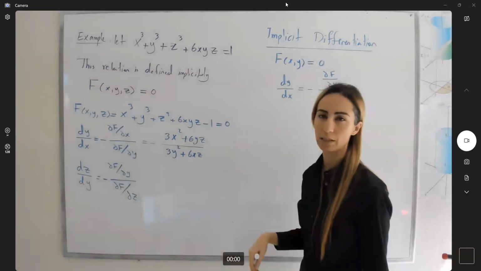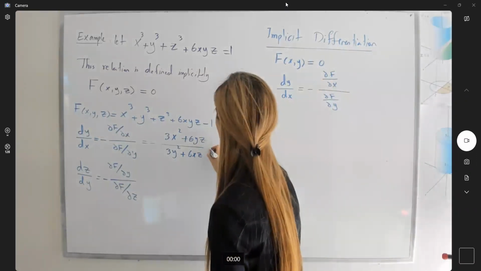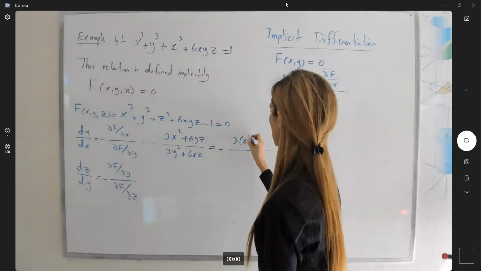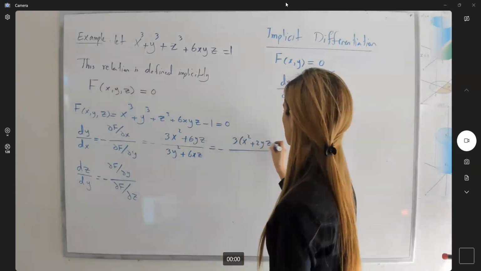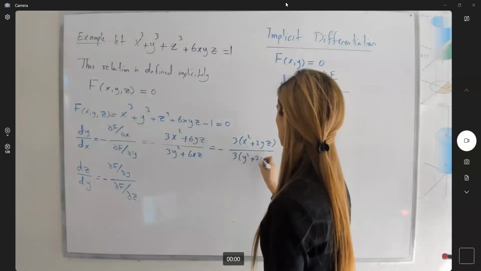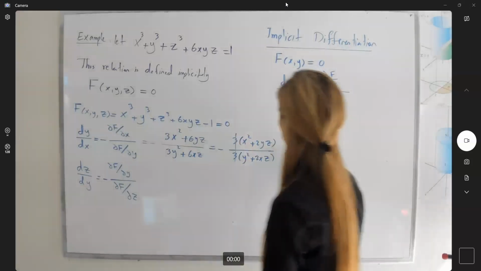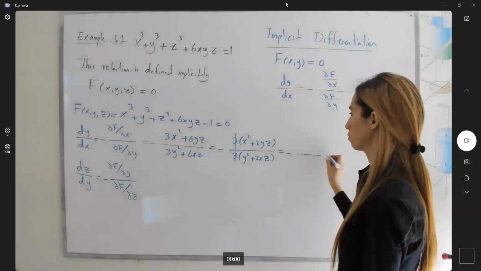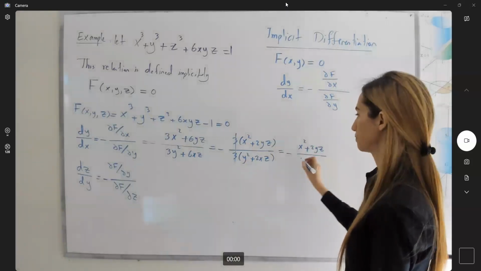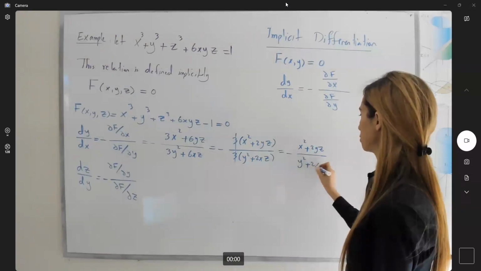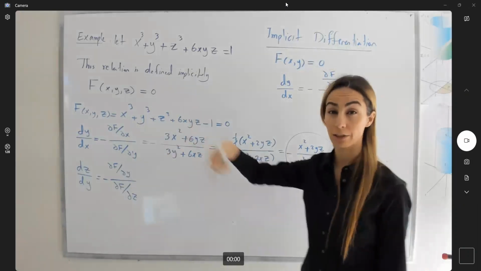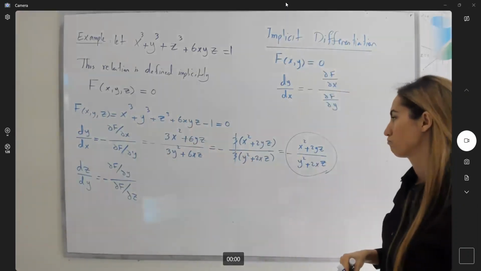You can simplify this more by factoring out 3: minus 3 times x squared plus 2yz divided by 3 times y squared plus 2xz. Cancel out 3 and 3, you get minus x squared plus 2yz over y squared plus 2xz. That is the rate of change of y with respect to x, right?